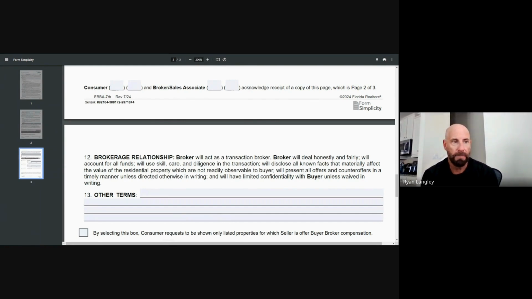And I think a lot of people will write down here something to the effect of retainer fee will go toward, even though it says above that it won't go toward the buyer brokerage commission, retainer fee will be credited toward the buyer brokerage commission, if that's what you want to do down here. It's kind of like an attorney retainer fee. You give them a retainer, but it goes towards your bill at some point. So any other questions?